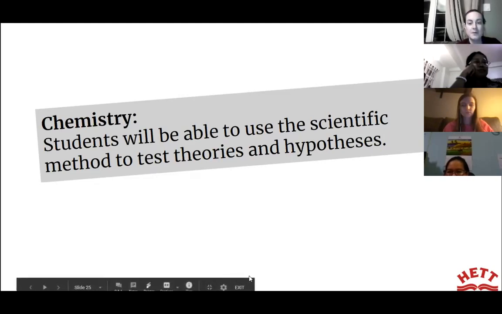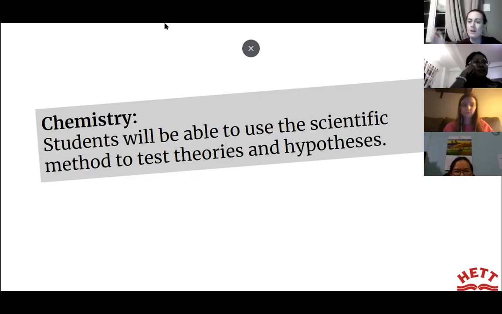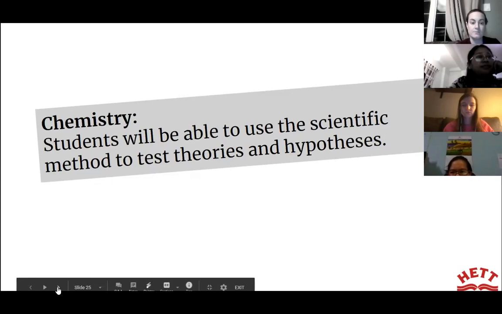Okay, 2, 1. Yes, I would agree, this is a strong one. It's pretty broad, but it still would involve a lot of figuring things out, critical thinking skills. They'd have to be able to test theories, that type of thing.